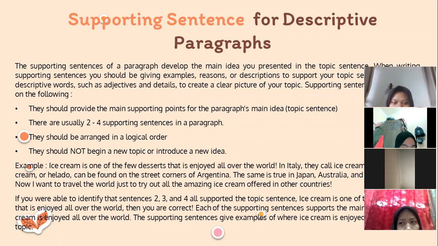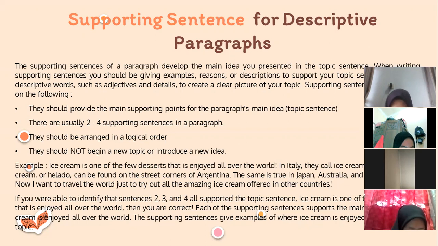If you were able to identify that sentences 2, 3, and 4 all support the topic sentence, "Ice cream is one of the few desserts that is enjoyed all over the world," then you are correct.